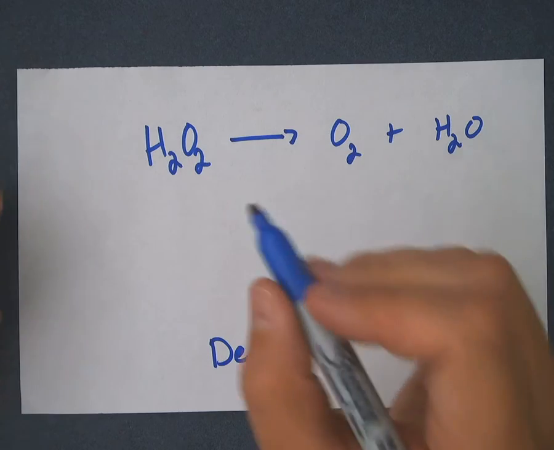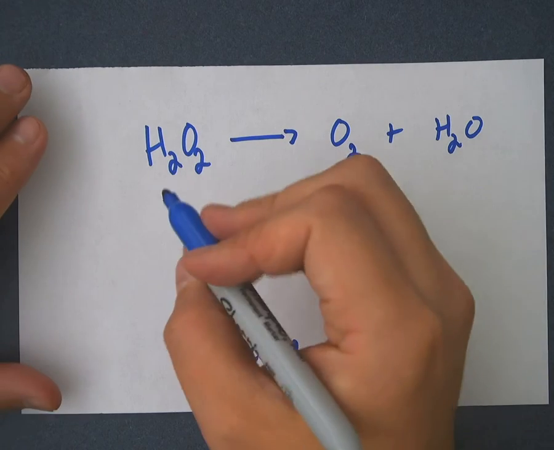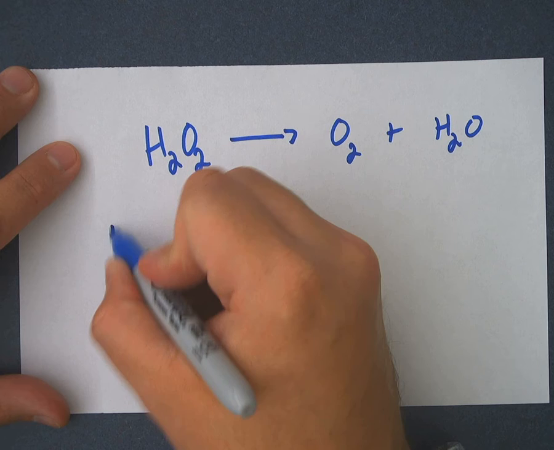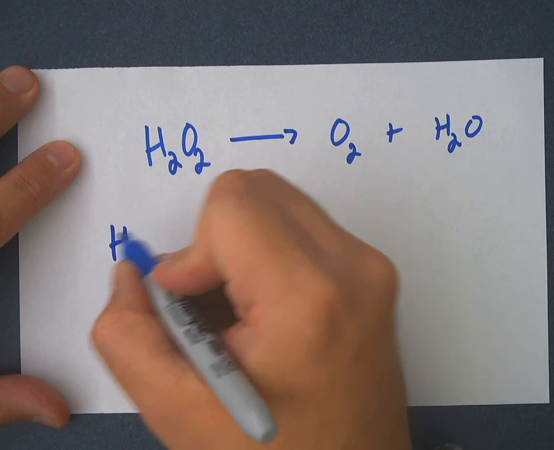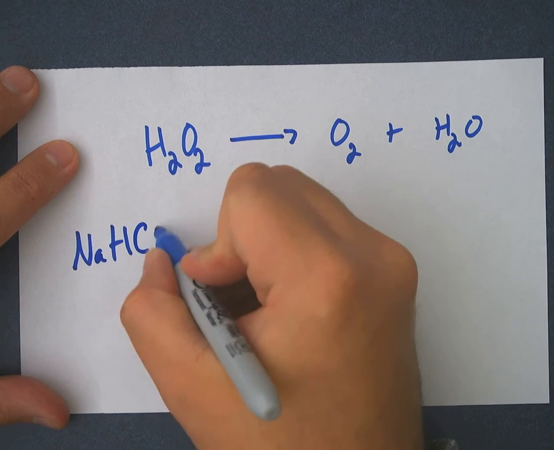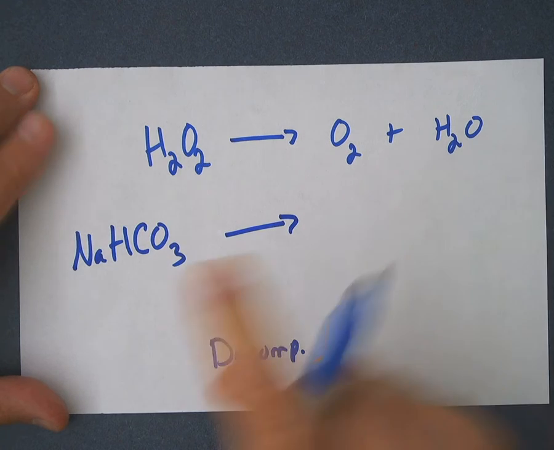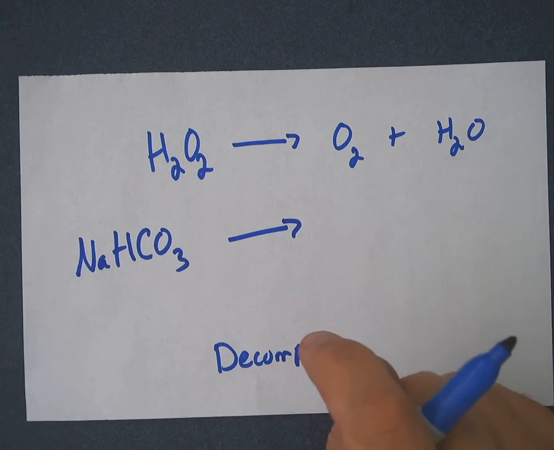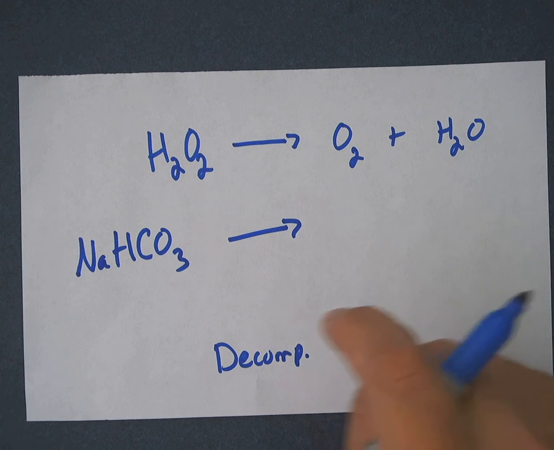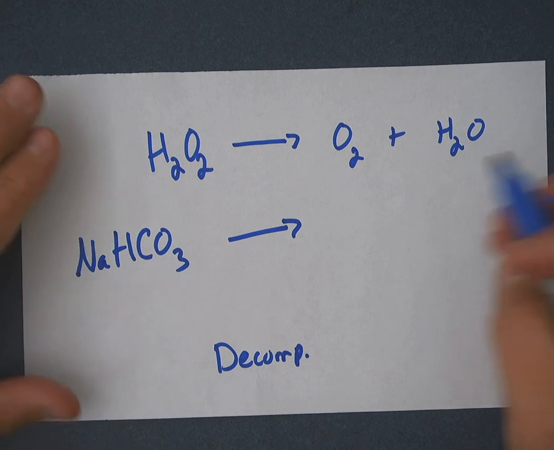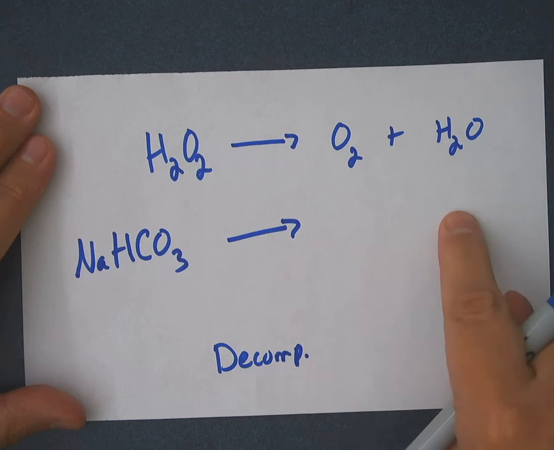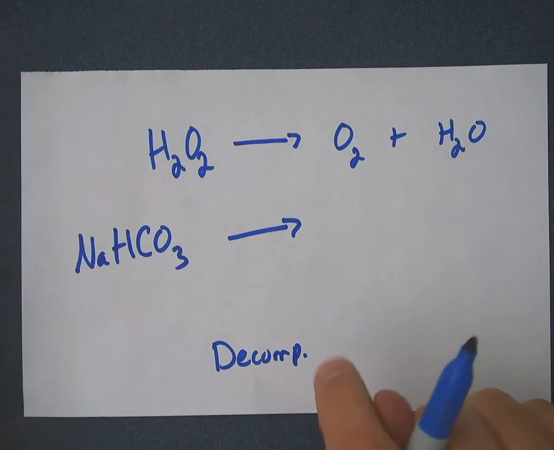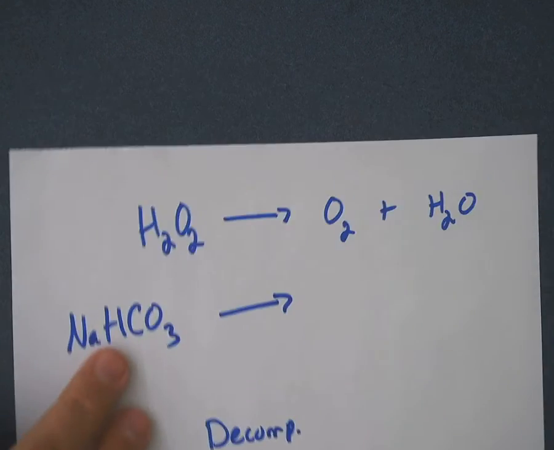But if I gave you a big substance, maybe NaHCO3, and that's all I gave you, there's nothing to combine with, there's nothing to do a replacing with, so it must be a decomposition, and you can then predict what's going to happen. Decompositions are the hardest ones to predict, by the way. You will not see those on the homework, okay?